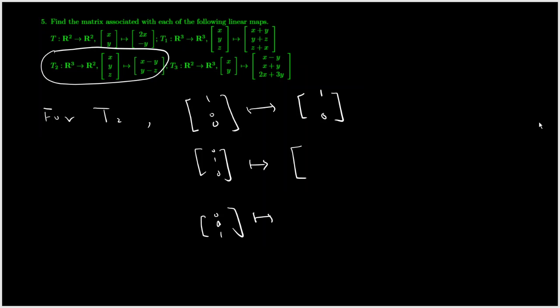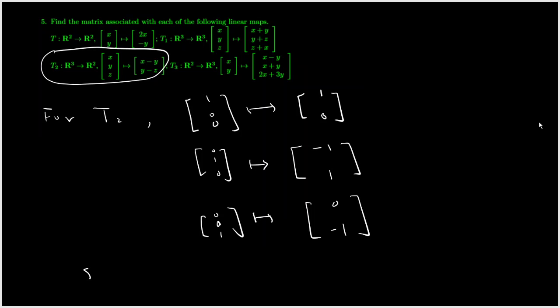Okay, 0 1 0: x value is 0, y value is 1, z value is 0. I think it goes to negative 1, 1. Is that right? And 0 0 1: x value is 0, y value is 0, z value is 1, so it goes to 0, negative 1. Anybody see anything wrong?